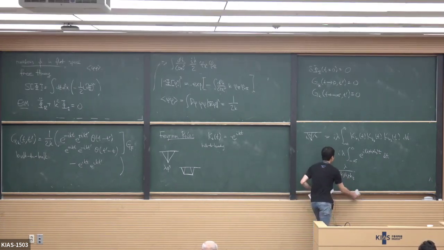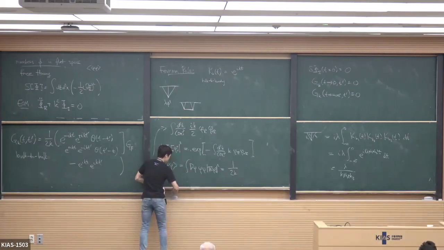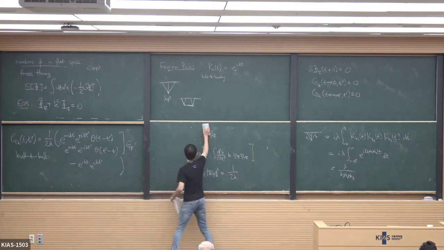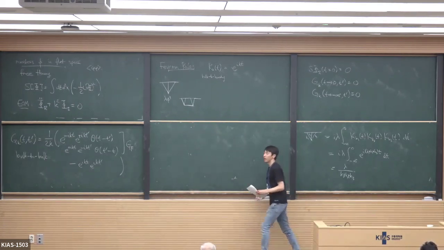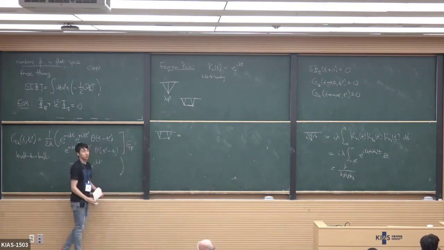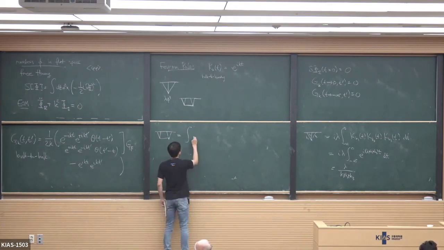Okay, so that was very simple. Let's now do a slightly more complicated example, a tree-level 4-point function. So now let's try to compute this object. Let me write down the full expression first.